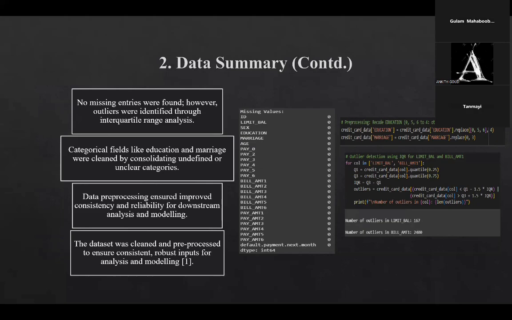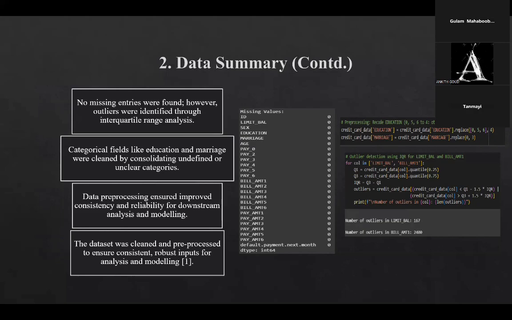The data processing ensured improved consistency and reliability for downstream analysis and modeling. I have also attached some images and the code which we have run so that you can see the number of outliers in the limit and the number of outliers in the bill.